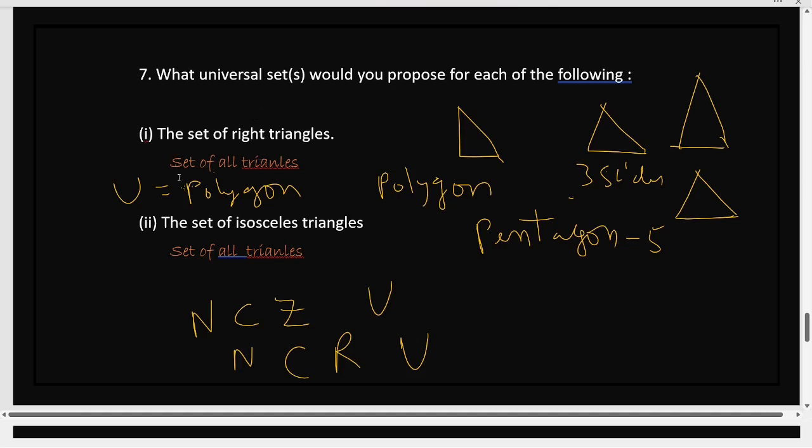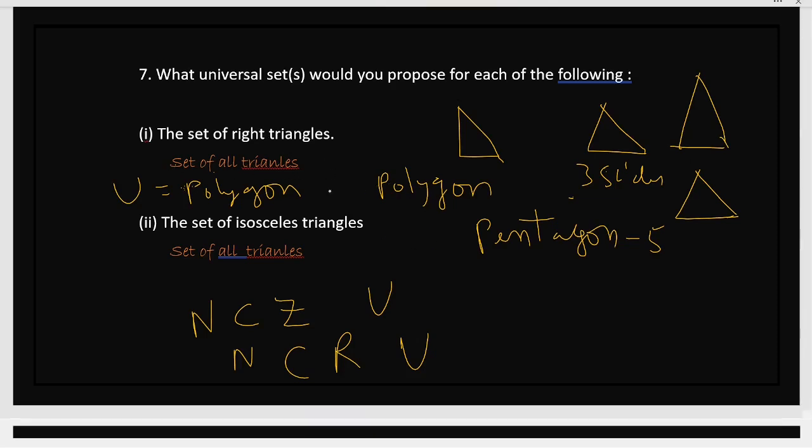The set of right angle triangles is part of a family of triangles: scalene, isosceles, equilateral triangles, like that. The set of right angle triangles is a subset of all these triangles. The set of all these triangles can be called the universal set. So the answer is the set of all triangles.